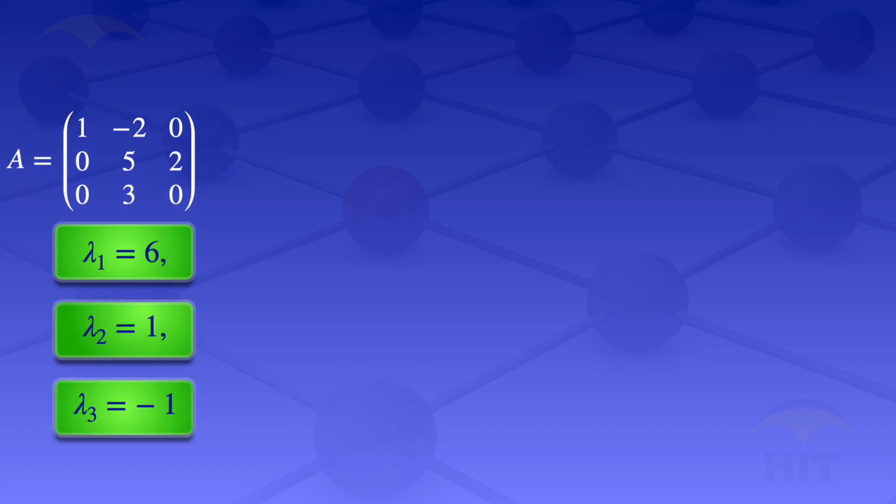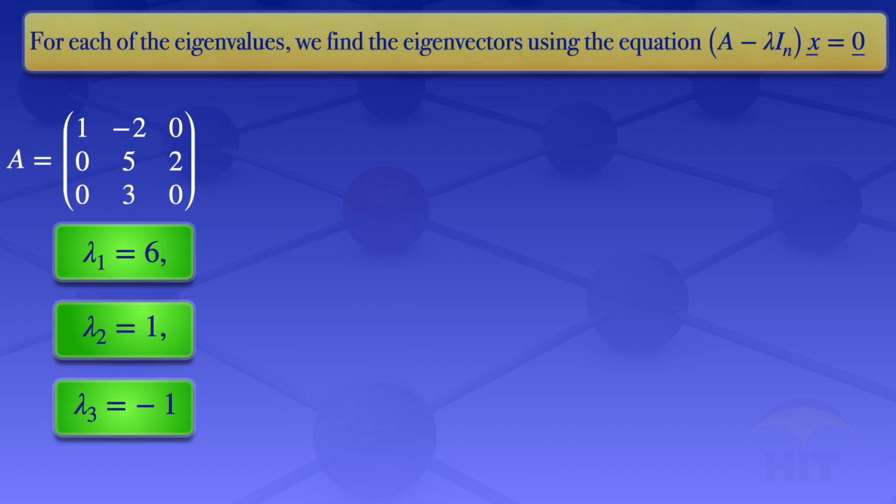And for each of the eigenvalues, we are going to find an eigenvector using the equation that we mentioned earlier, A minus lambda I multiplied by the vector x is equal to the 0 vector. So I write that equation.